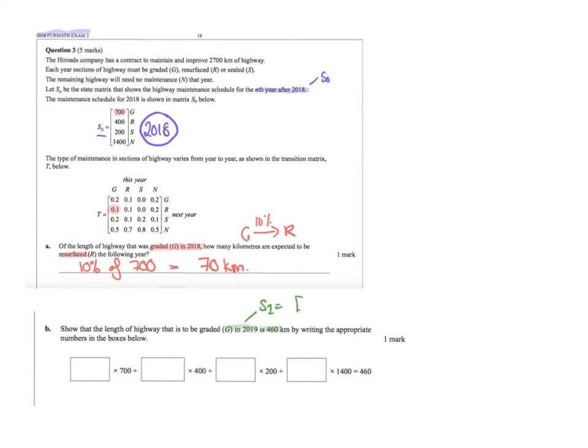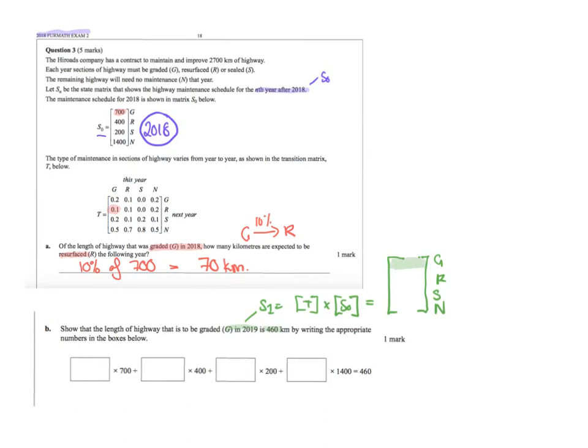So S1 is going to be found by the transition times the one before, S0. So we'd get this S1, and it's going to have G, R, S and N. So you could type that on your calculator, and they want the answer at the G. So they wanted essentially just this bit here.